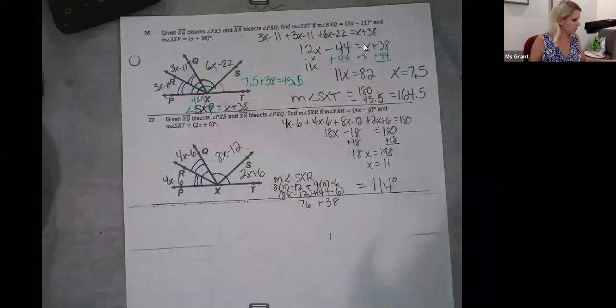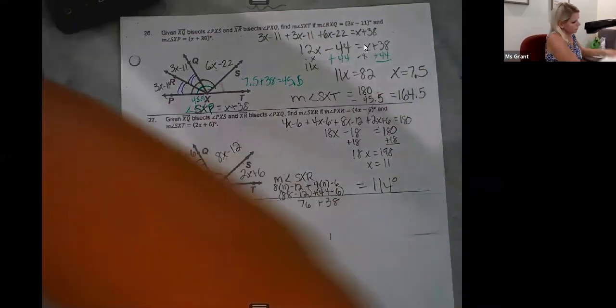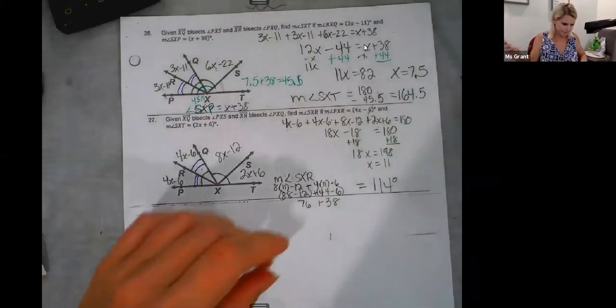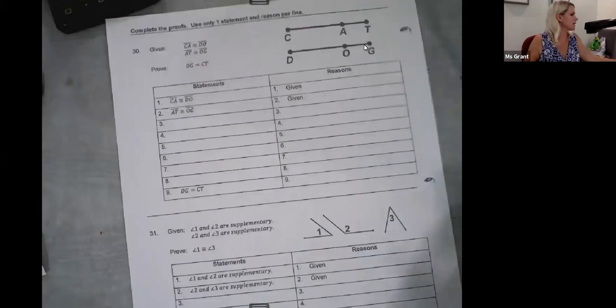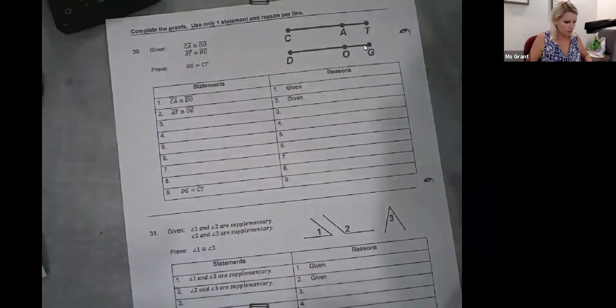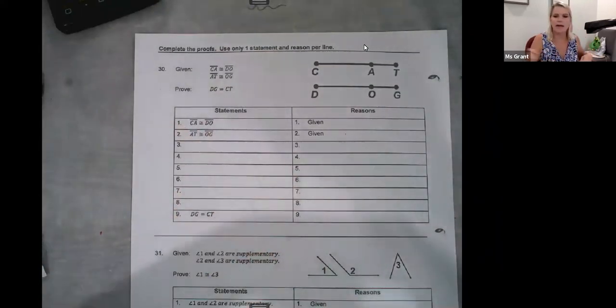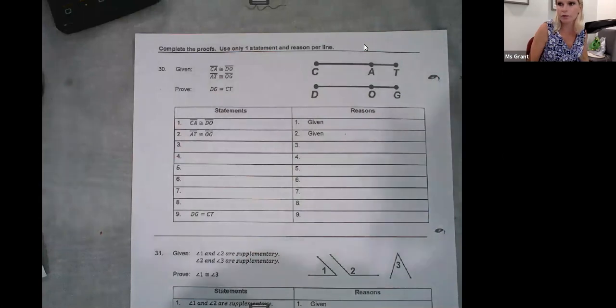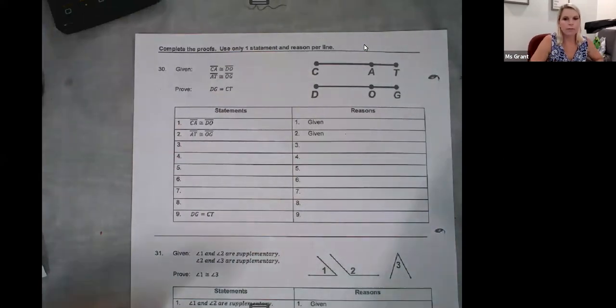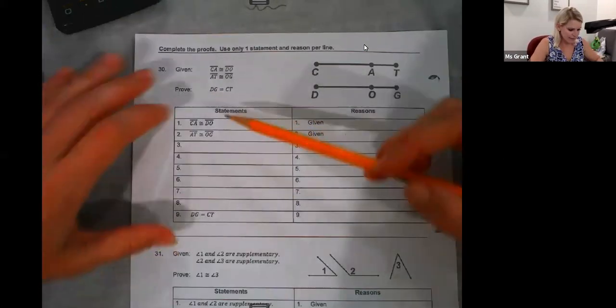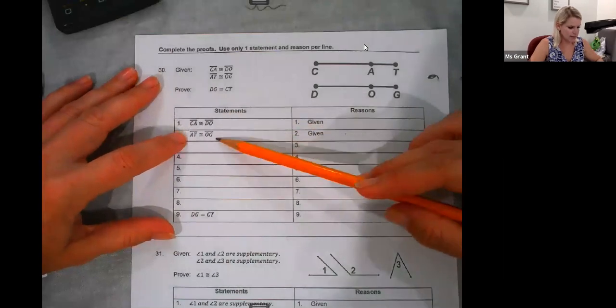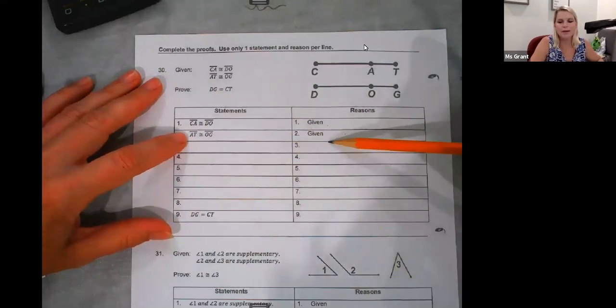Let's do the proofs. I specifically said in class today that your ordering needs to be somewhat close, but it's okay if it's not perfect. So here we go. CA is congruent to DO. AT is congruent to OG. They split up the givens into two lines.